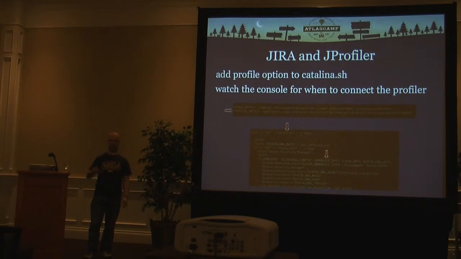Since JIRA and every JIRA plugin runs in a Tomcat, the best way to do that is in the Catalina shell script. So what I recommend is to copy one of the run profiles. There are several there already: there's run, there's debug, and so on. You copy one, add in the profiler-specific lines, and then you're ready to go from the JIRA side.